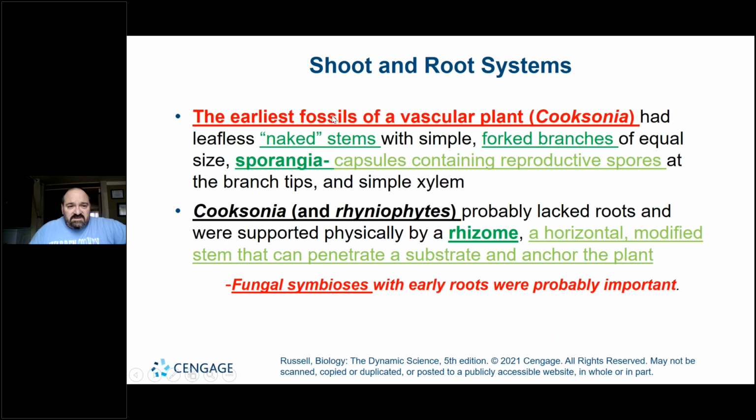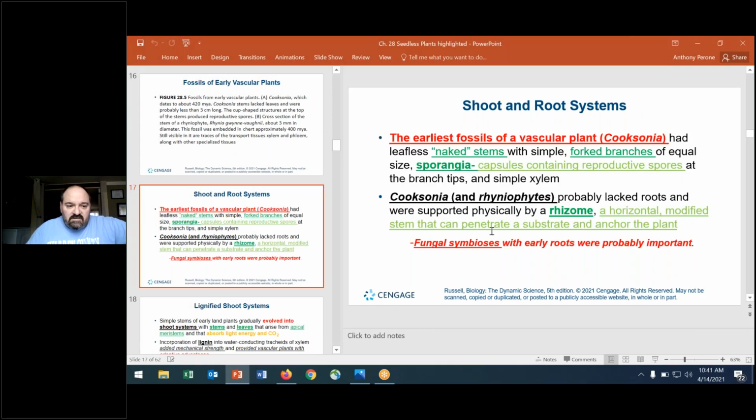And you'll see here, the earliest fossils of a vascular plant would be the Cooksonia, okay? Naked stems, forked branches, they have those sporangia containing the spores, on that little cup-shaped structure. Okay, good.